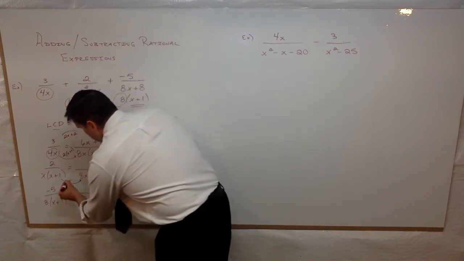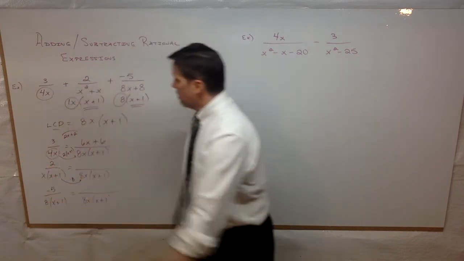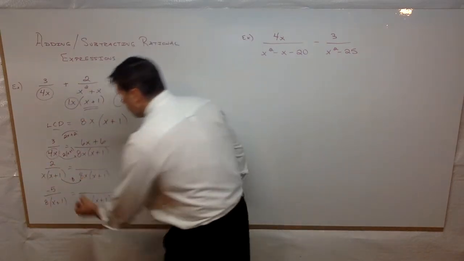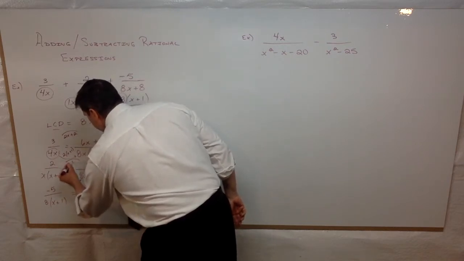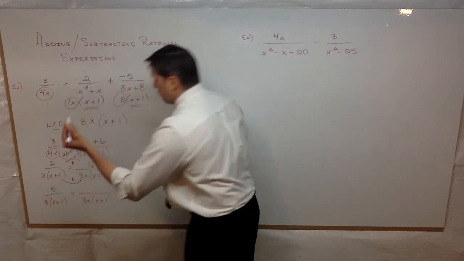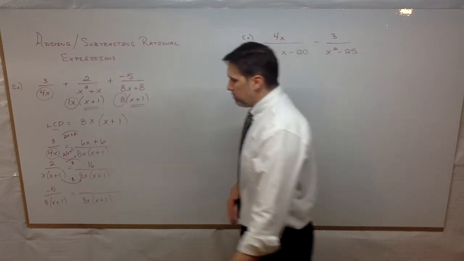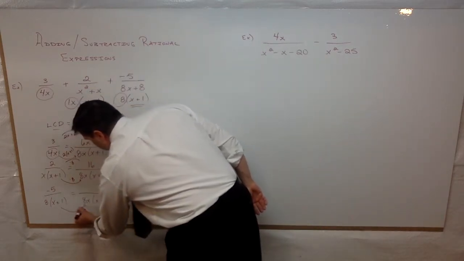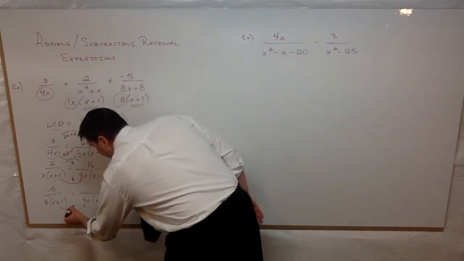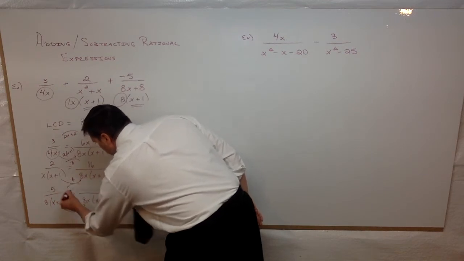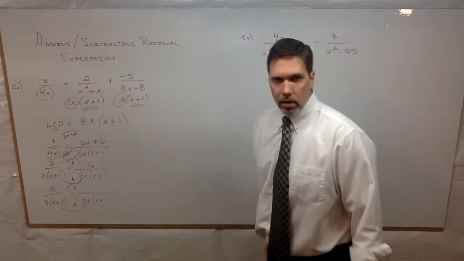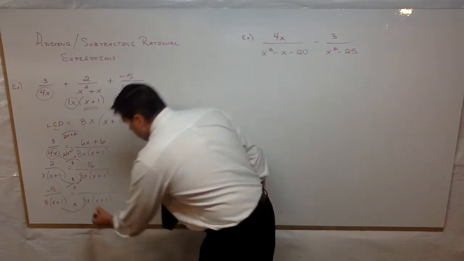Looks like it's just missing a factor of 8. So multiply it by 8. Multiply the numerator by 8 as well. What do we get? We get 16. Okay, and then last one. What do we have to multiply this denominator by to get the LCD? Looks like just a factor of x. So multiply by a factor of x in the numerator, and we'll get negative 5 times x, negative 5x.